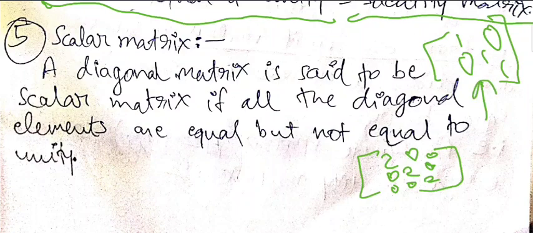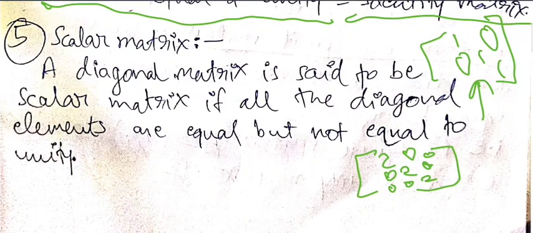And why scalar matrix? Because all the diagonal elements are equal. Just bear this in mind; this must be very clear to you.